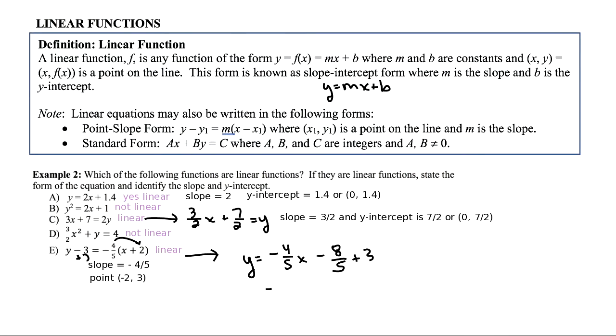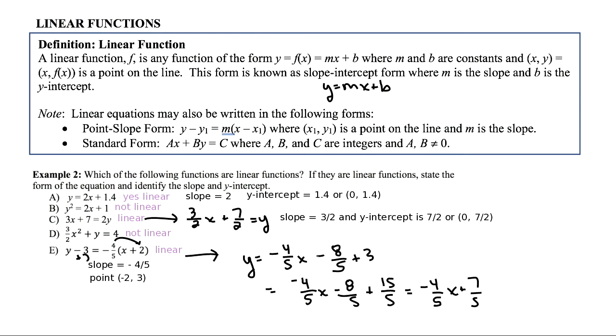Finishing it out then, this would be a -4/5 x. And I'm going to write this as -8/5. And then 3 is really 15/5. So this now shows me that this would be -4/5 x plus 7/5.